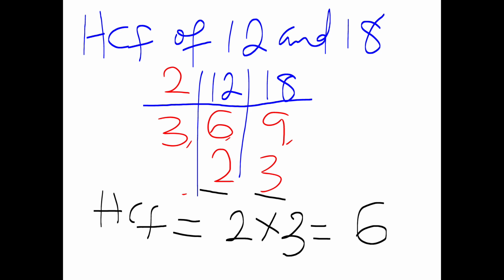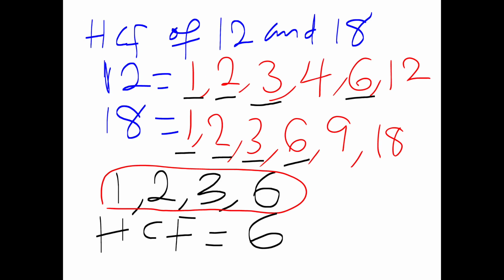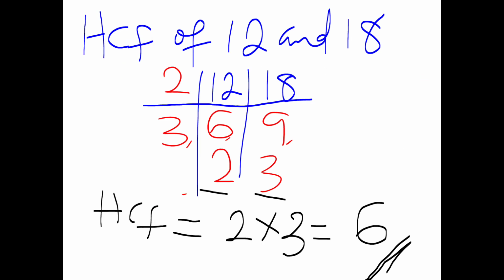Very good. Now compare our answer here to the previous calculation. Can you see now they are the same answer? So either you choose this method or this other method, you are going to get your answer. But it is easier to use this method here, the division method, in cases where you have larger numbers. Do you understand? Very good.